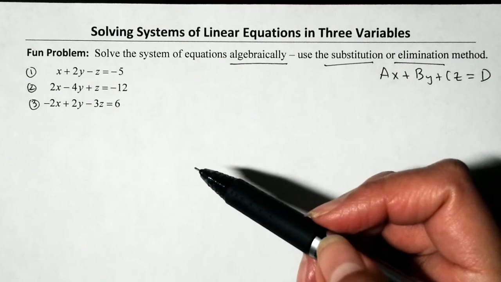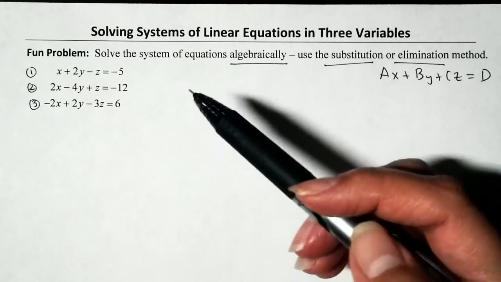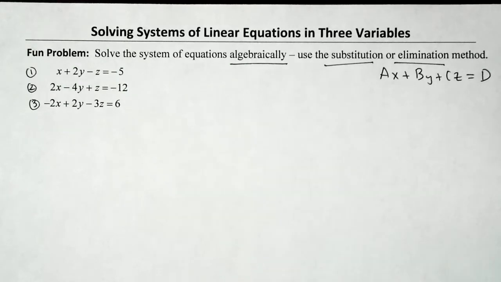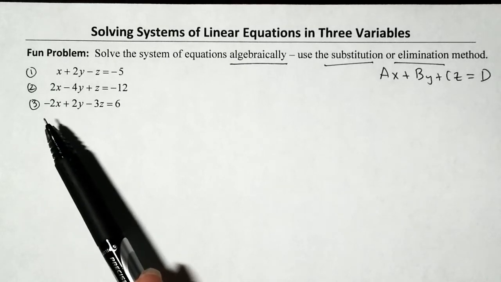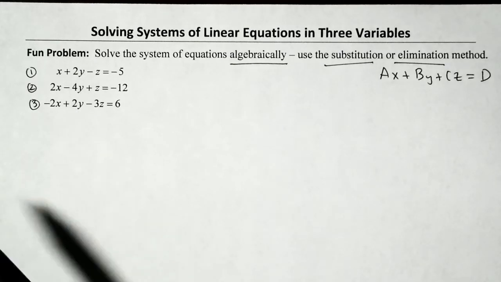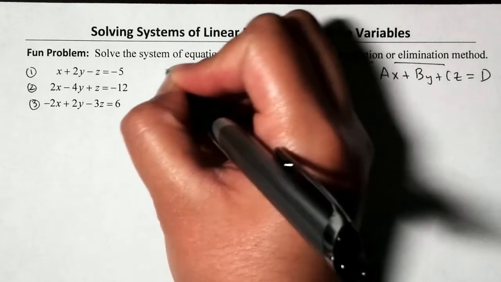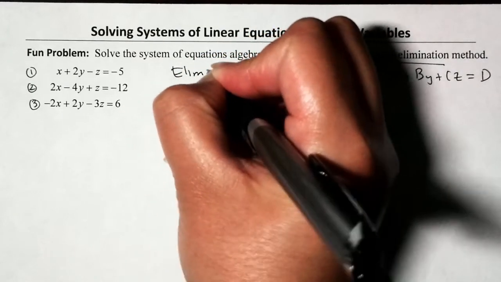To tell you the truth, I would probably eliminate z. The only reason why I'm not going to is because in the other video, the first one, we eliminated z, and I don't want you thinking that you always eliminate z. So together we're gonna eliminate x, and then if you want, you can redo this problem and eliminate z. Let's go ahead and eliminate x.